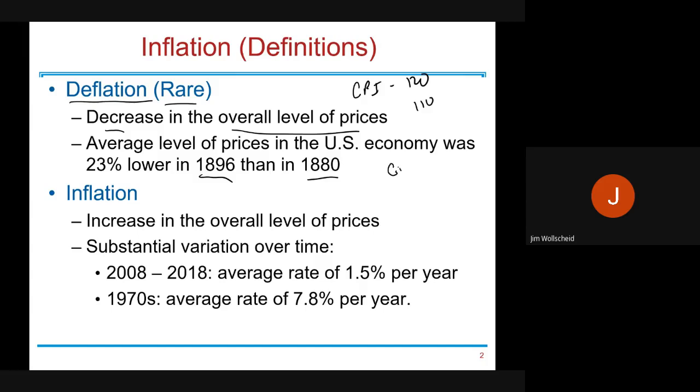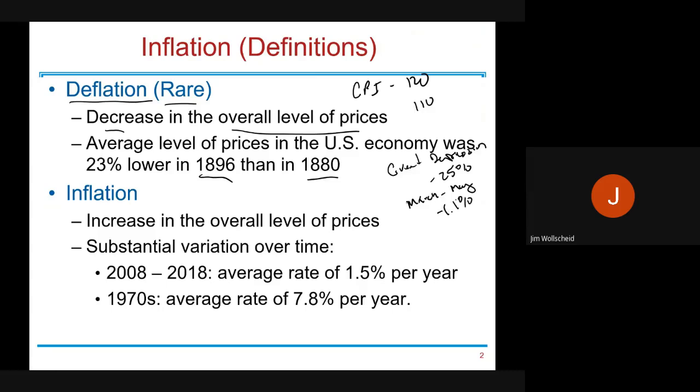We also saw it during the Great Depression. We saw prices down 25% on a yearly basis. In the pandemic, we only saw it for about 3 months. So we saw it from March, April, and May during the pandemic in the United States, and we actually saw prices fall in these 3 periods.